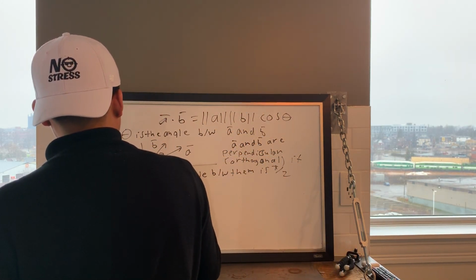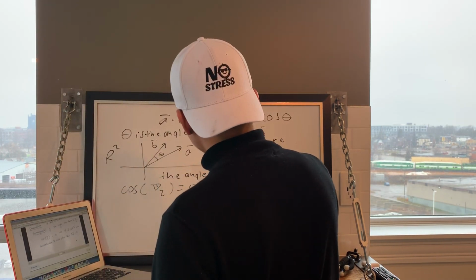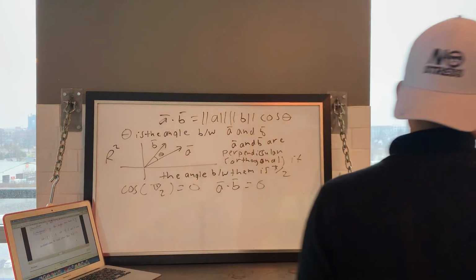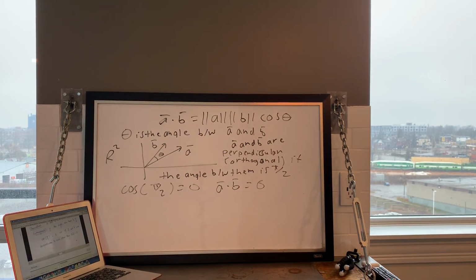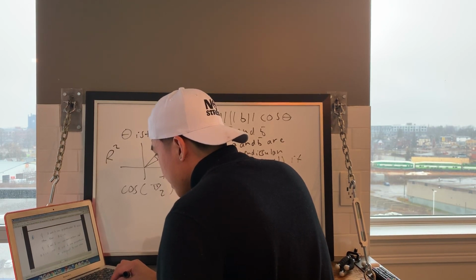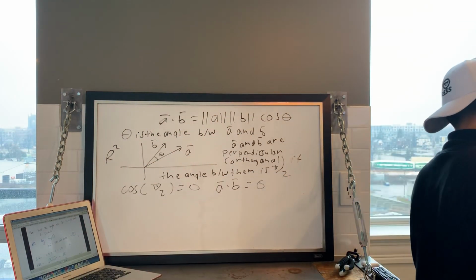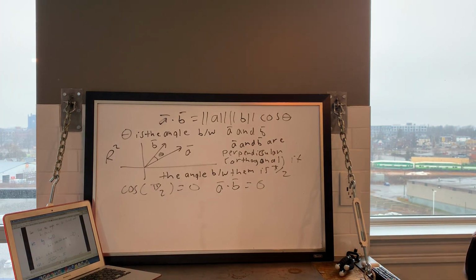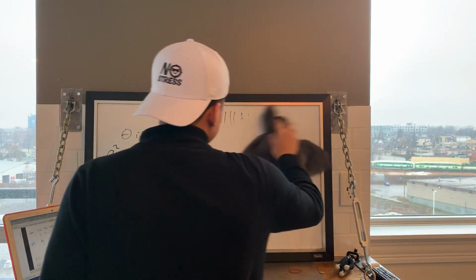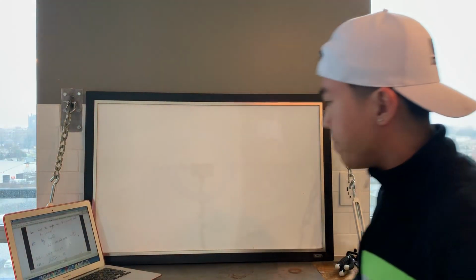Because cos pi over 2 is equal to 0. That means if it is perpendicular, A dot B is indeed 0, because you're multiplying all these values. So you get 0. So if we were trying to find the angle between the two vectors, that's a common question that we could ask you on an exam. Then, sure, you're like, bring it on, let's do it. No problem.